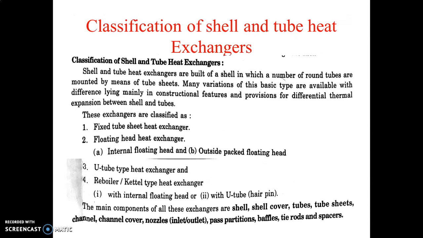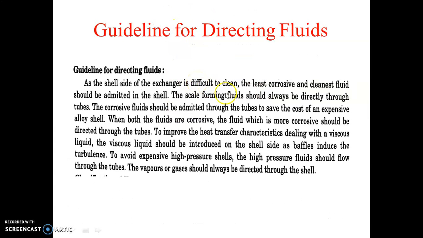In today's lecture we have discussed the guidelines for directing the fluids. That means which type of fluid you have, clean, corrosive, viscous, or high pressure, will be decided by this guideline.